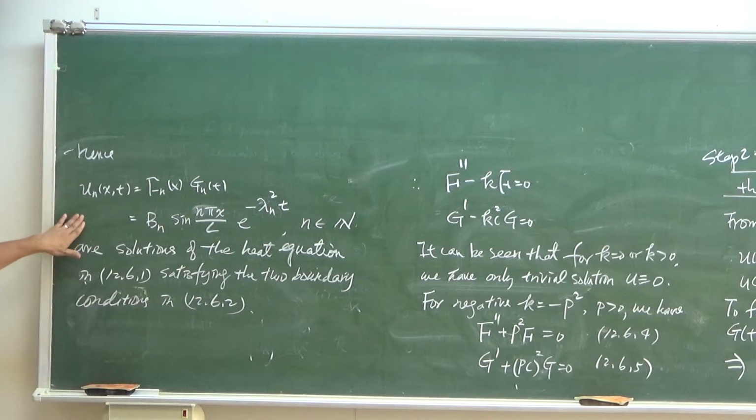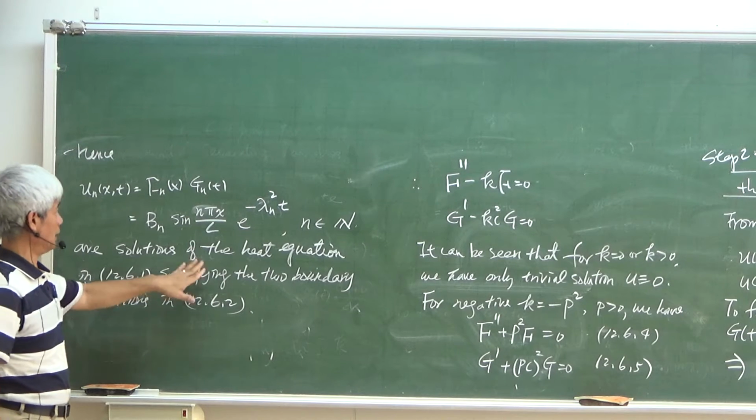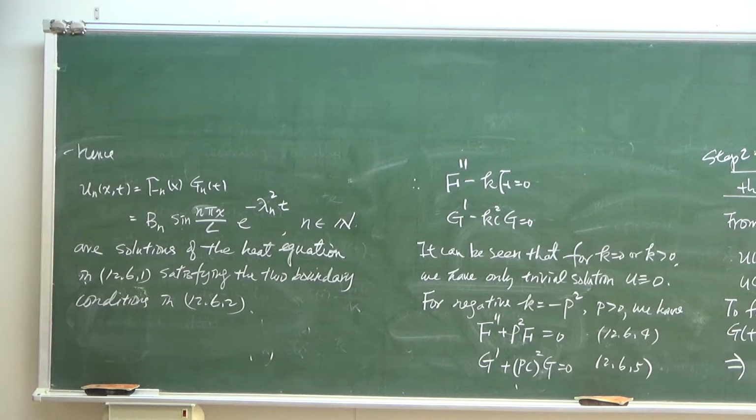So each solution, okay, un x,t is a solution of the heat equation and satisfying the two boundary conditions.